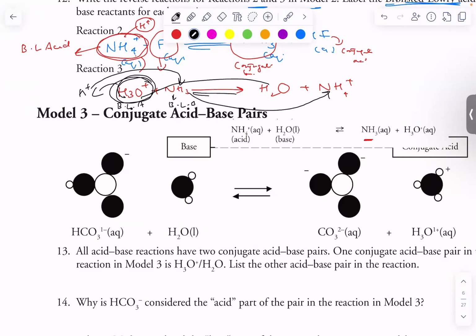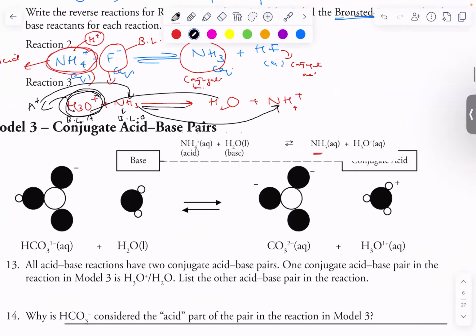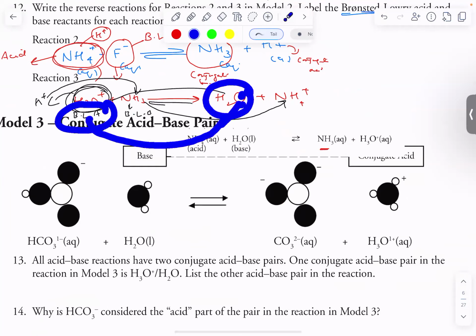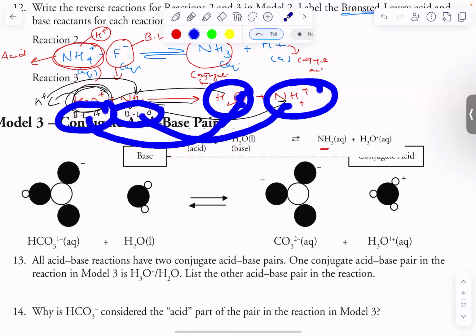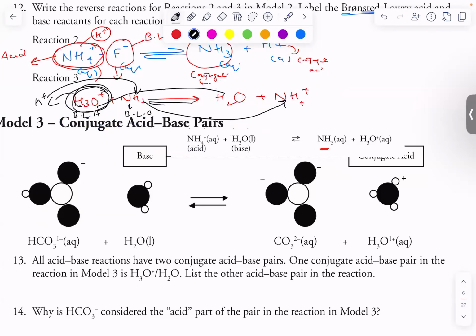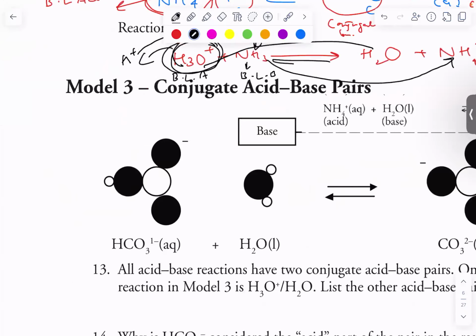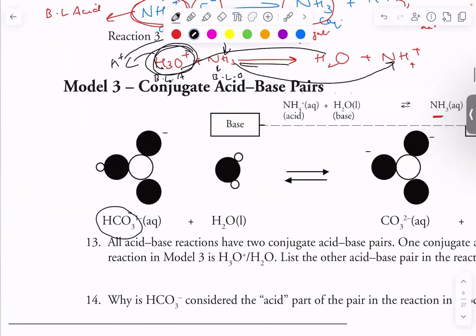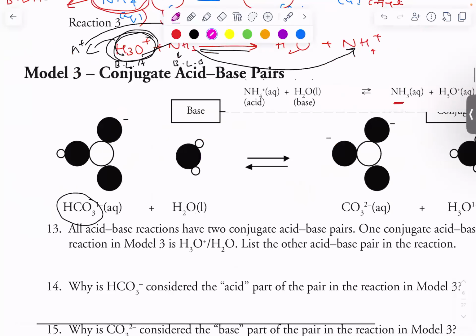Should we start model 3 now? Yes. I think there is no need to teach this model because I have already taught you this. Have a look. This is the Bronsted-Lowry acid, and this would be the conjugate base. And this is the Bronsted-Lowry base, so this would be the conjugate acid. For example, what is given? HCO3. HCO3 would donate a proton, a hydrogen ion.